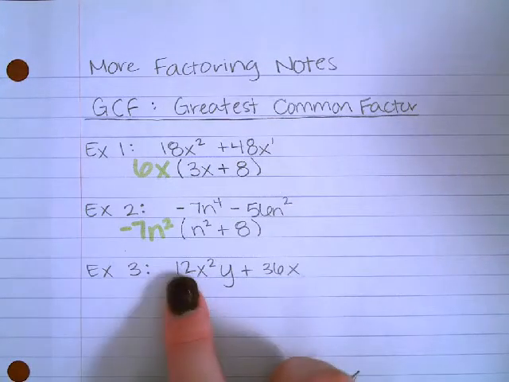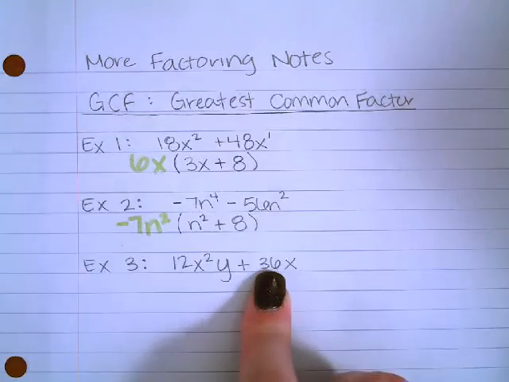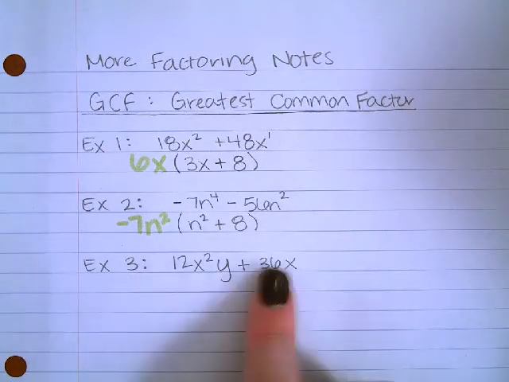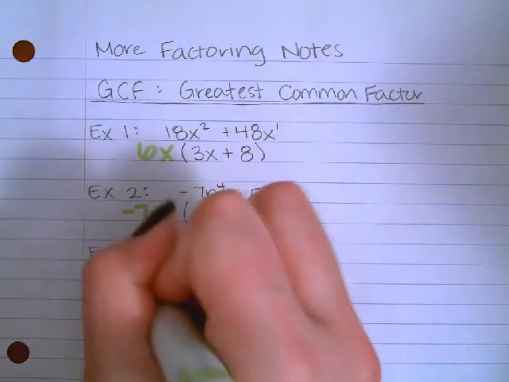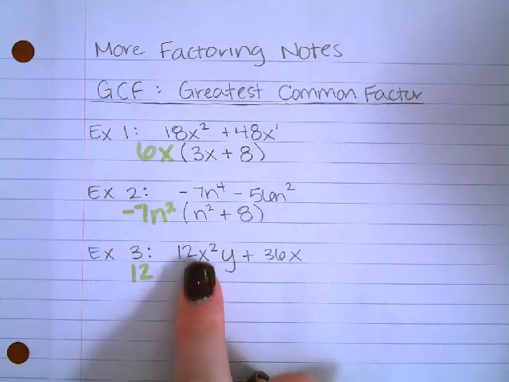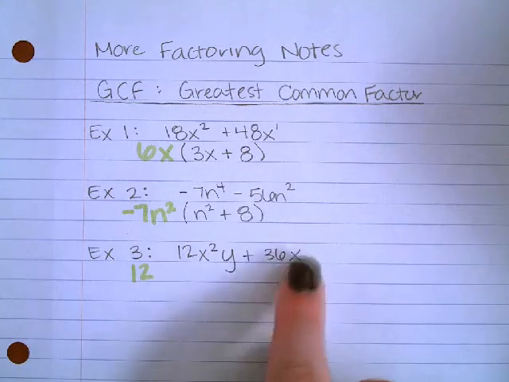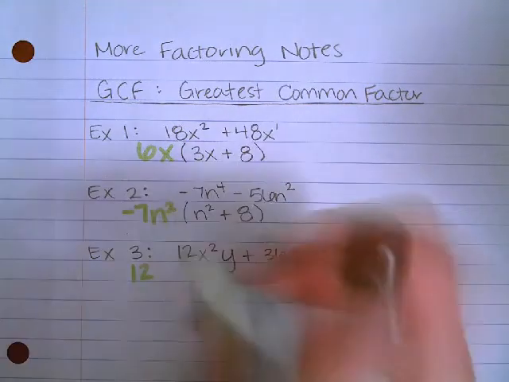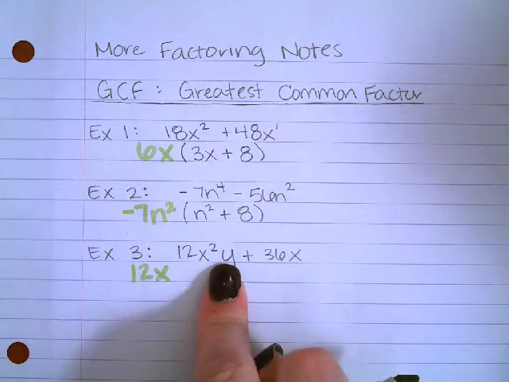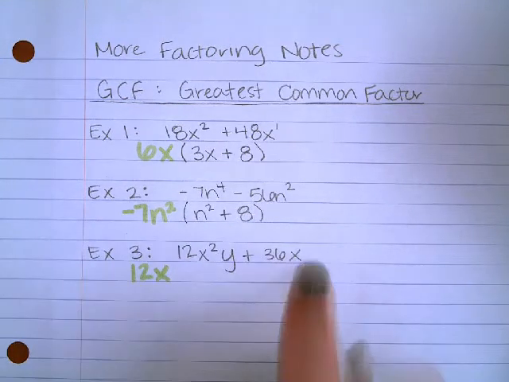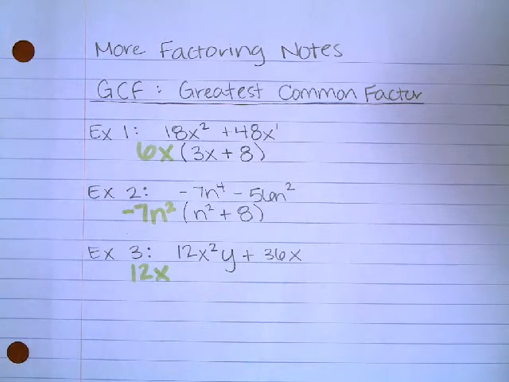So between 12 and 36, 12 goes into 36 evenly, so I'm going to say 12 is the GCF. Then if I compare, I have x squared and x. This is an x to the 1, and that's smaller, so I'm going to take out an x to the 1. The first term has a y, the second term does not, and so that is not a GCF.